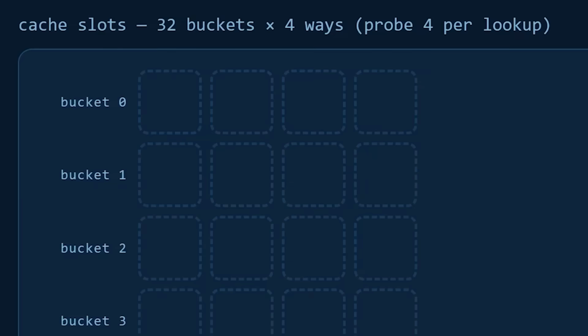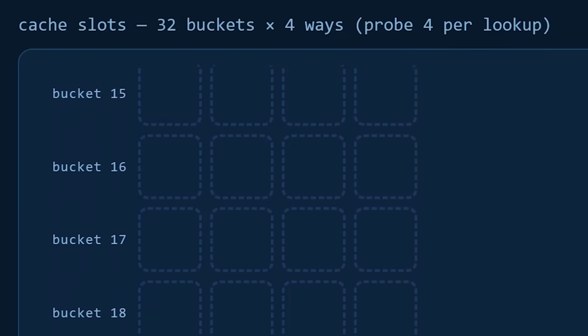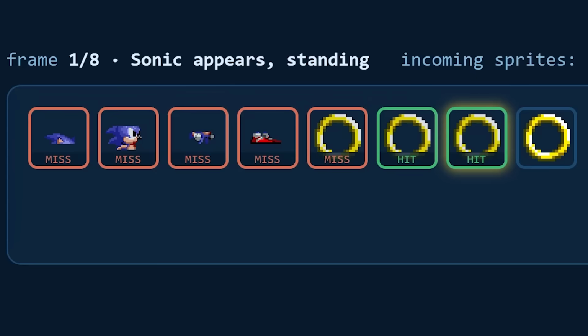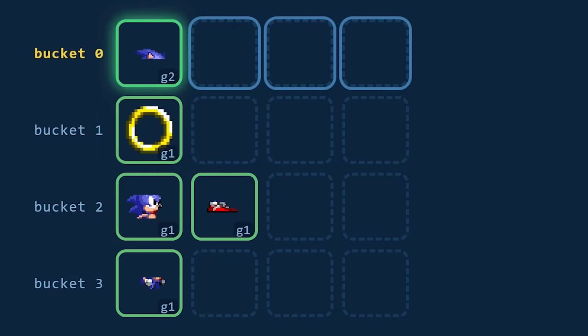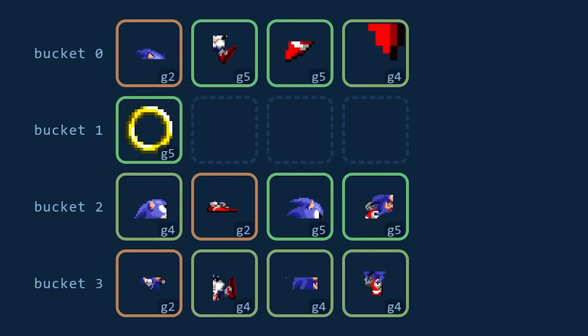Once the objects in the frame are constructed, the Amiga side of the game engine checks the 128 cache slots. If the key matches an existing entry, it's called a cache hit, and nothing much happens. It simply updates the generation of the entry to say, "Hey, I've seen you again."